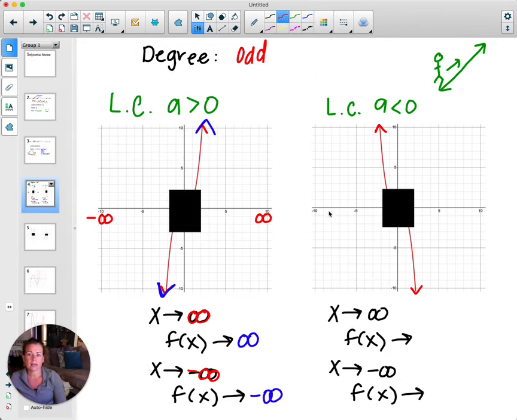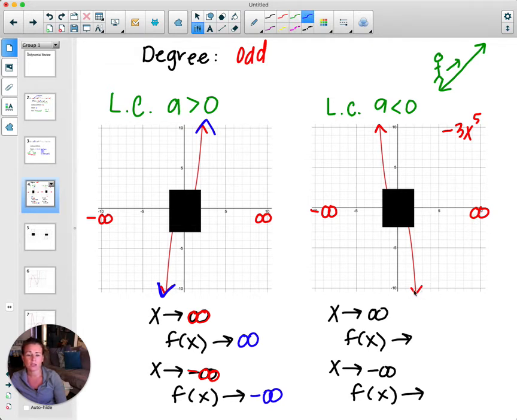So then looking at this function, when the lead coefficient is negative, so this would be something like negative 3x to the 5th. Okay, it's just upside down. So this lead coefficient is negative. So let's put on infinity and negative infinity for the x's and think about this. So as x approaches infinity, where's your graph?